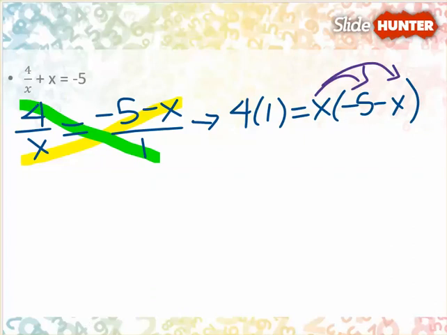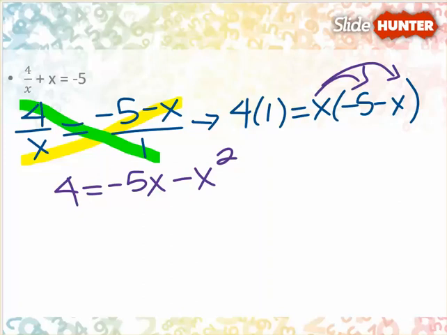So this gives us 4 times 1 is 4 equals, we're going to multiply the x, distribute it through. X times negative 5 is negative 5x. X times negative x is negative x squared. So we're going to have to factor. I want to get all my terms on one side.